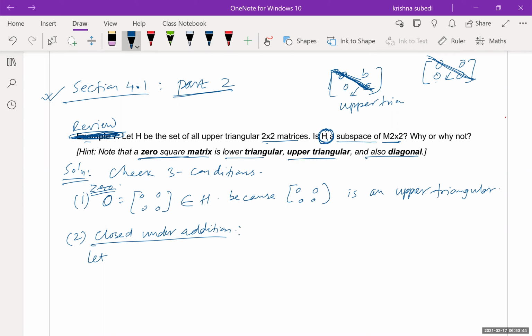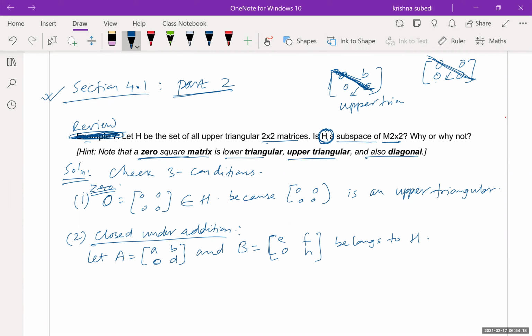Let us say A is A, B, 0, D, and B, two vectors, is E, F, 0, H, for example. We have these two vectors which belong to H because they are upper triangular.